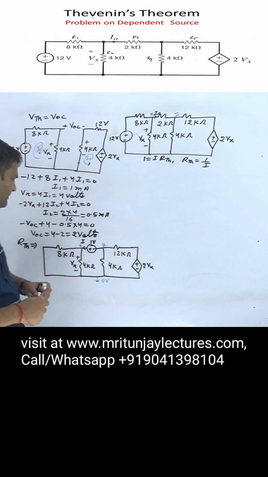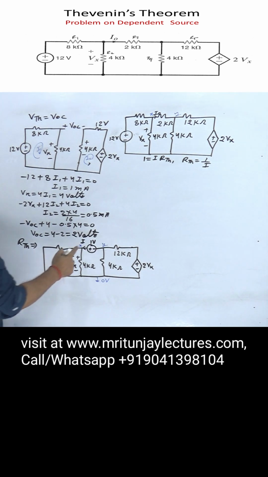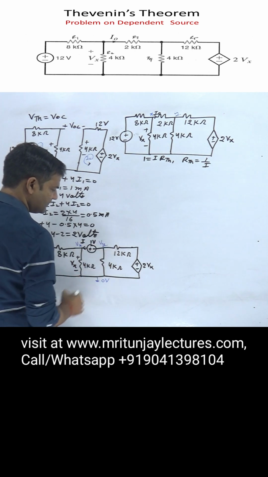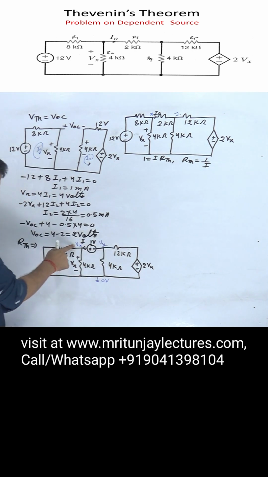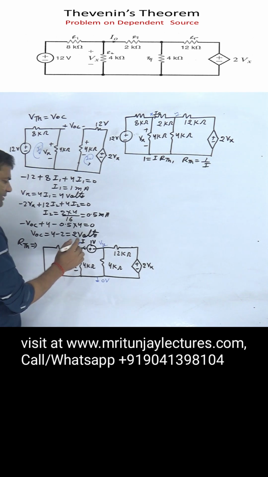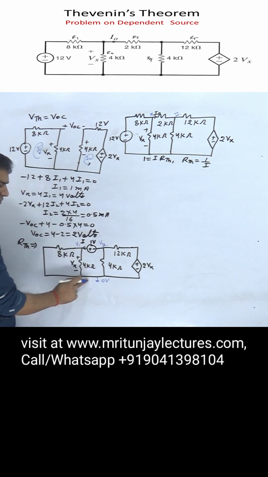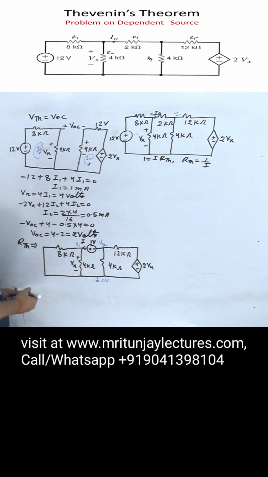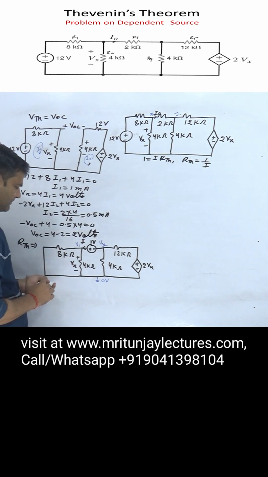How can we determine I? Now look, if this one is 1 volt, this one is Vx and this one is Vy, clear? We have considered Vx here and Vy, and that is 0 voltage. If you consider this voltage as V1, then V1 minus 0 will be equal to Vx, because there is 0 voltage. So V1 will be equal to Vx.